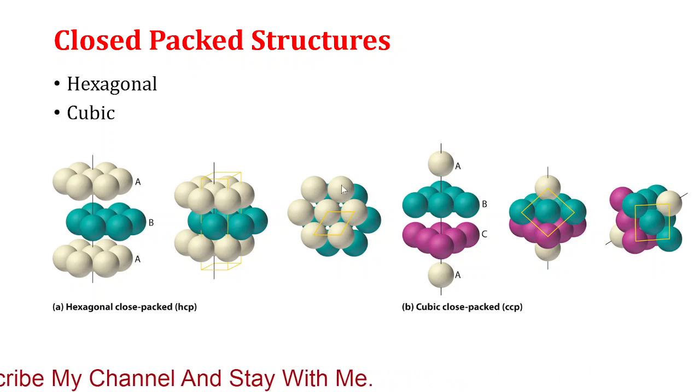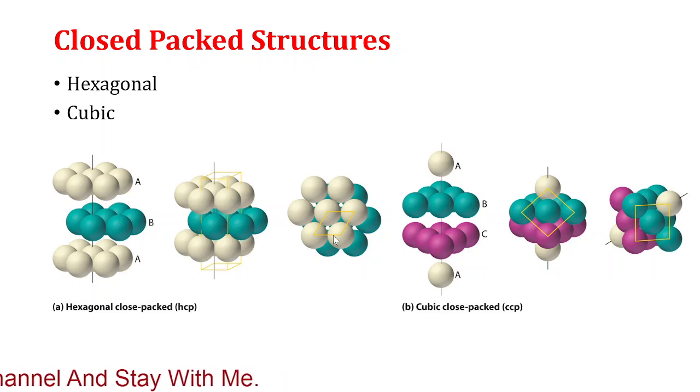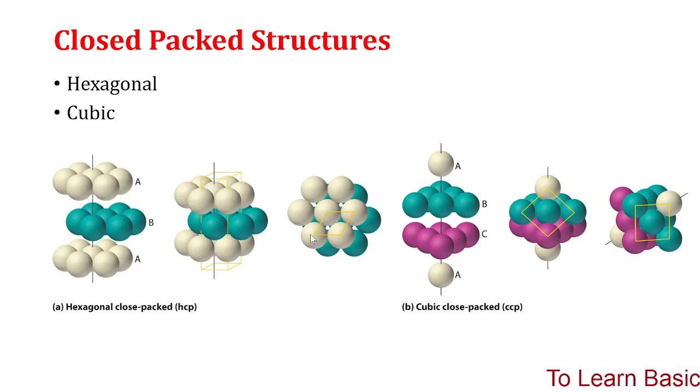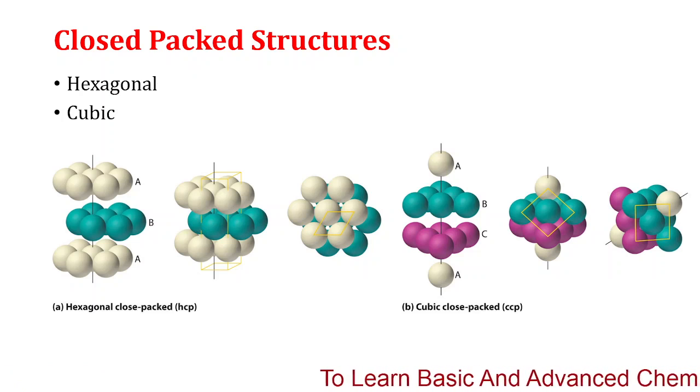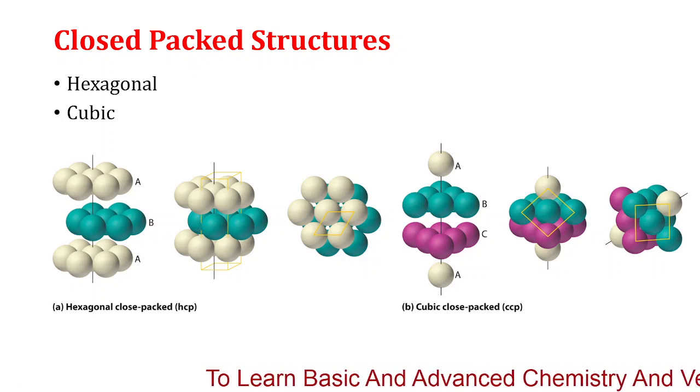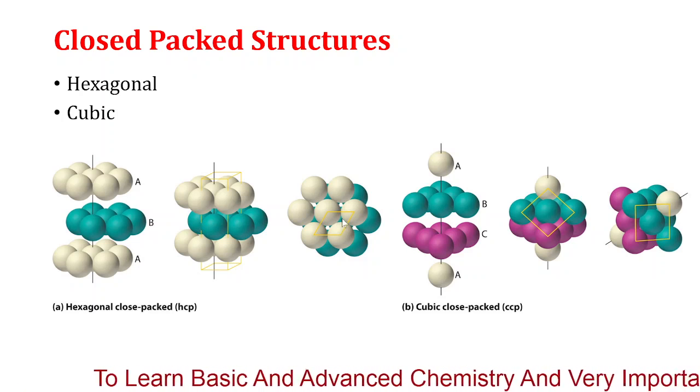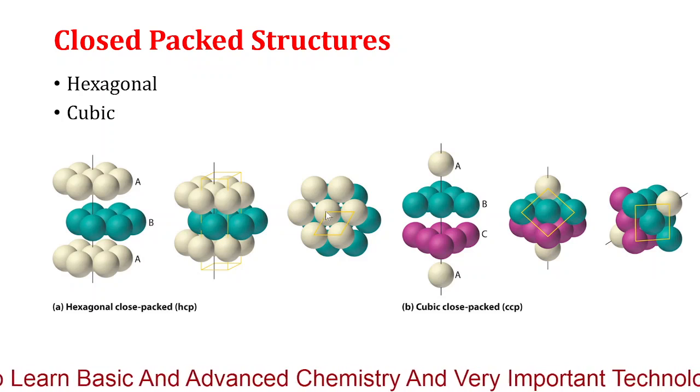We have kept the balls as closely as possible. That means this ball is touching this ball, and this one touching this ball, even this one touching this ball. So we have no more spaces where we can put another ball. However, we have some open spaces in between these three balls.